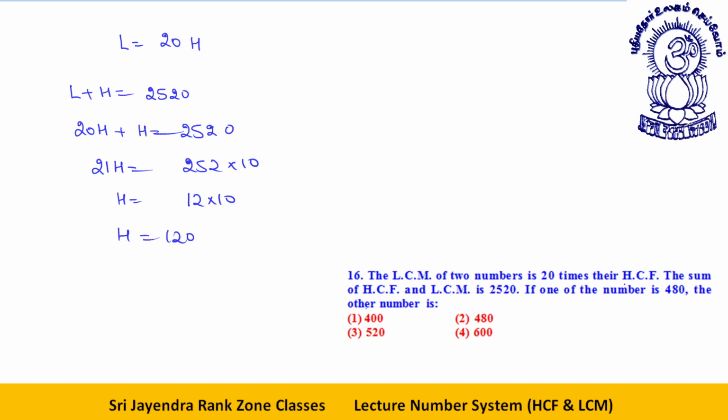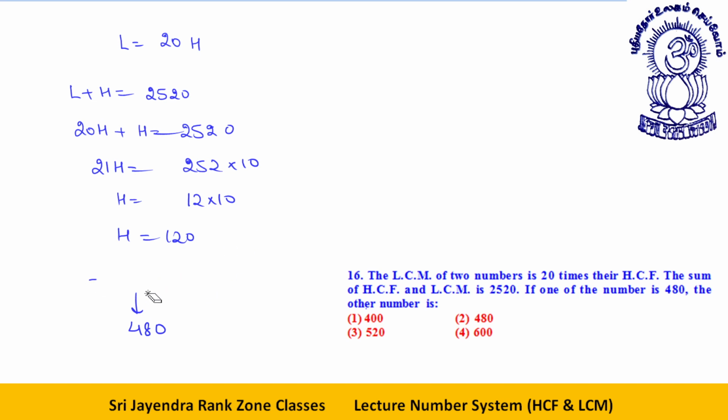If one of the numbers is 480, what is the other number? LCM is HXY. HX is given to you as 480. We have to find the other number.